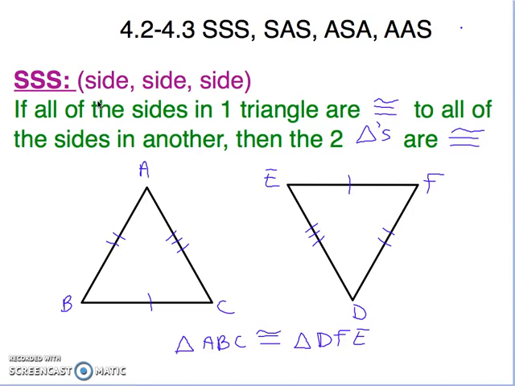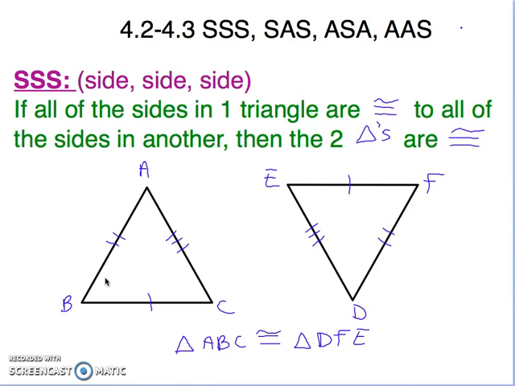So when I look at these two pictures here, well, based on what we learned in section 4.1, we would have to say no, because none of the angles are marked congruent. But what this theorem is saying is that if you have a triangle and 3 corresponding sides are marked congruent, you can automatically assume that the triangles are congruent based on the information that you're given.